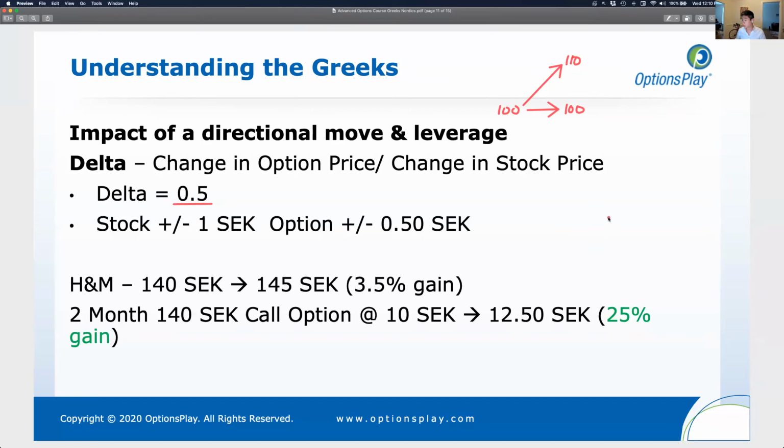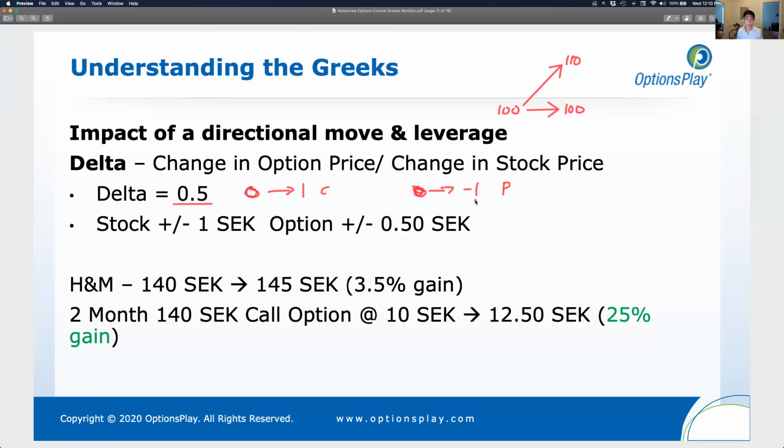The delta of any option will always be 0 to 1 for a call, or 0 to -1 for a put. Call options will always go from 0 to 1. Put options will always go from 0 to -1, because puts are basically opposites of calls. That's why puts have a negative delta, generally speaking.